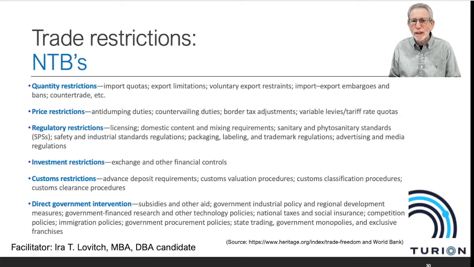And then direct government intervention, the one that is perhaps the most controversial, is subsidies, where, let's say, maybe the number one example that you can look up in the news that has a lot of controversy is between Boeing and Airbus, the two largest manufacturers of commercial aircraft.